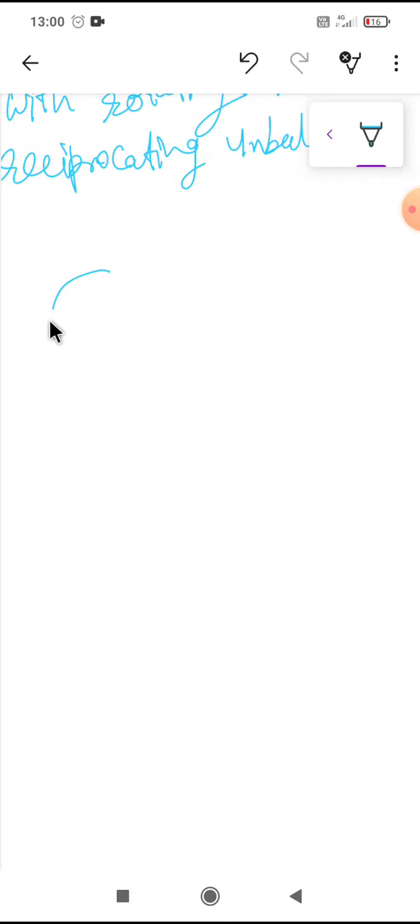Suppose this is a rotary machine having a center O, having mass M, and it is having a rotary unbalanced mass at a distance e, at an angle omega t with the axis, of mass small m. So this is a rotating mass.